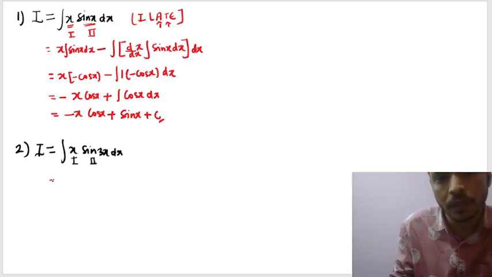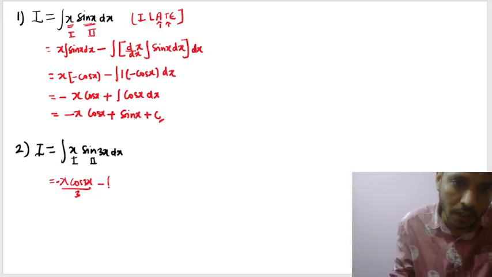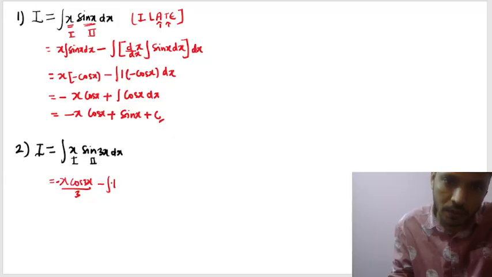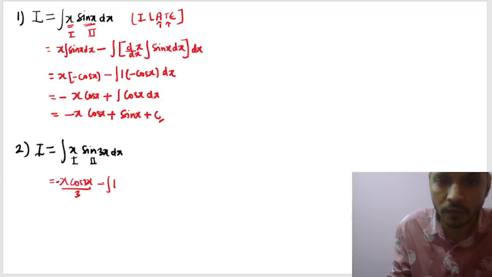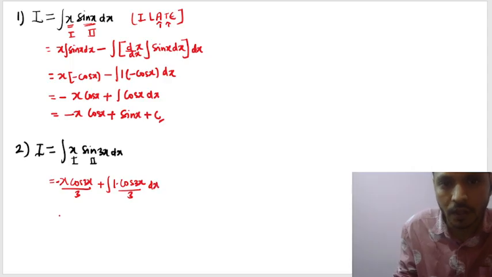According to by parts, first function outside, and the integration of the second function will become minus cos. So I am writing minus cos 3x directly, because we have already solved one question, right? And then minus, inside the integration, the derivative of the first function, this is 1, and the integration of sine will be, so this will become plus, and then it is going to become cos 3x divided by 3 into dx, right?